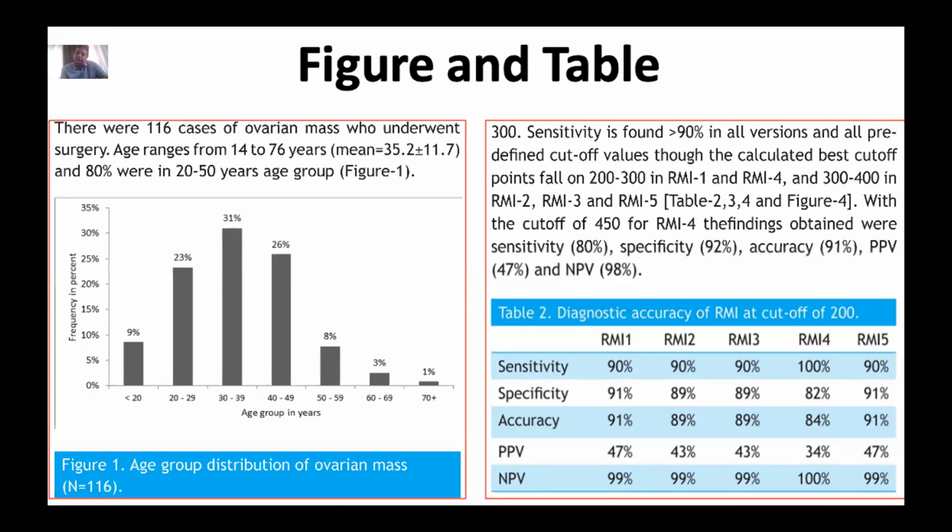Next is sample size as well. There is no N written there, so we don't know how many cases were taken, but it seems part of the table is copied here, so we cannot comment completely. We can only comment on the definition of the RMI and the design part.